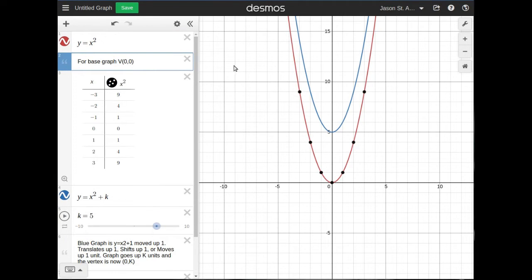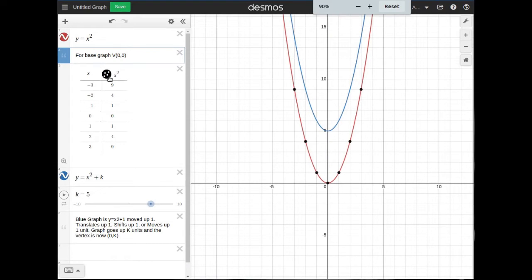But when we're talking about the other graphs where we add a positive value to it, the vertex shifts up, which means all of the points of the graph shift up. That's why it looks congruent to the original graph. So its vertex is now (0, k).